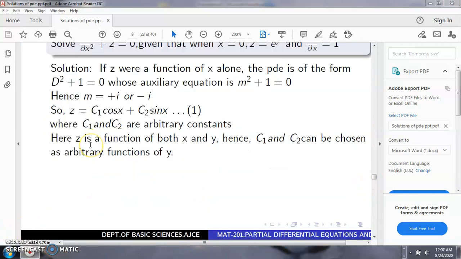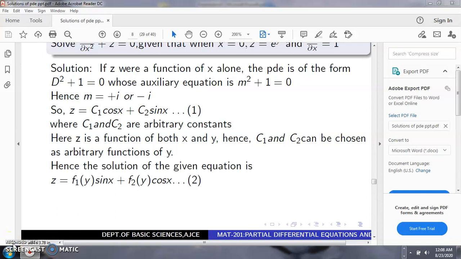But if we consider z not as a function of x alone, but as a function of both x and y, considering this fact, we choose c1 and c2 as arbitrary functions of y. That is, here z is a function of both x and y, hence we consider c1 and c2 as functions of y.